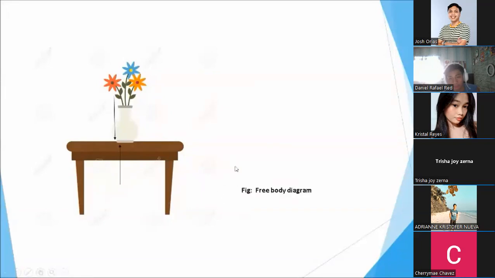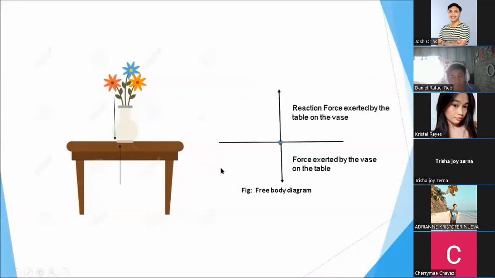A free body diagram is a diagram that shows the different forces acting on objects and the directions in which they're going. So for this force pair, this is its free body diagram. Remember, at the origin, the tails of the arrows are placed there to start.